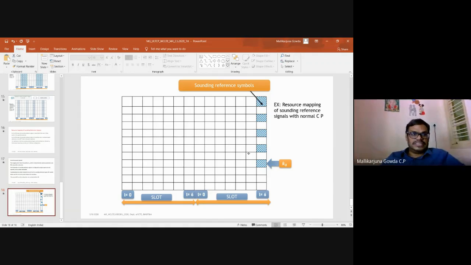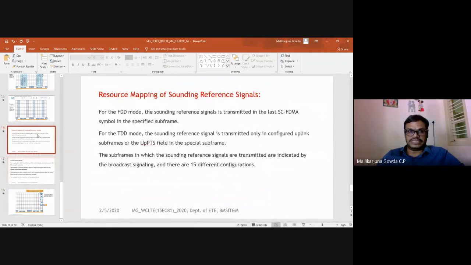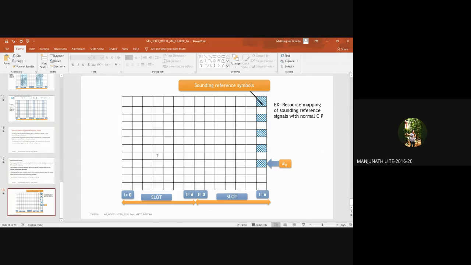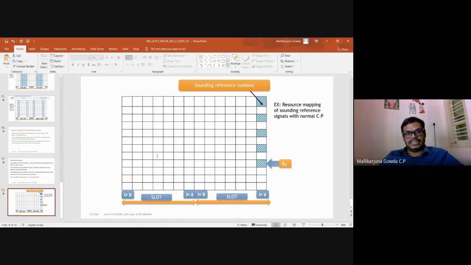As I said, there are 15 different configurations. I think we need to spend more time on this taking an example, and for further understanding I will take up some of the diagrams in the upcoming class. For how exactly the acknowledgement, uplink and downlink happen, you can refer to sharetechnote.com. It has very technical content if you are interested.